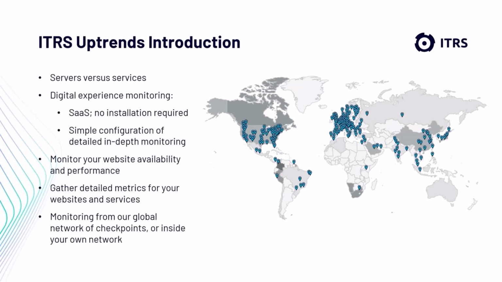For example, if you go to market primarily in the UK or the US or Germany, you can monitor your websites and user flows from those locations specifically. Alternatively, if your end users are mostly internal, we offer the option to put one of these checkpoints inside of your own network, so you can monitor internal facing web services, APIs, user flows, whatever is necessary, stuff that isn't accessible over the public internet.